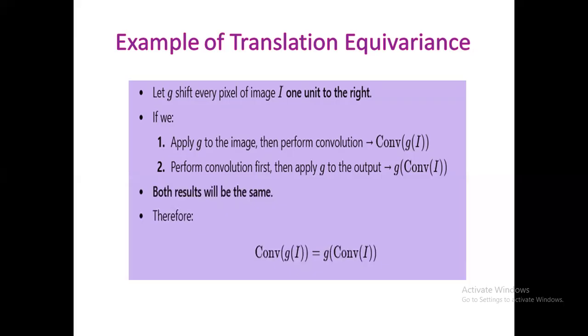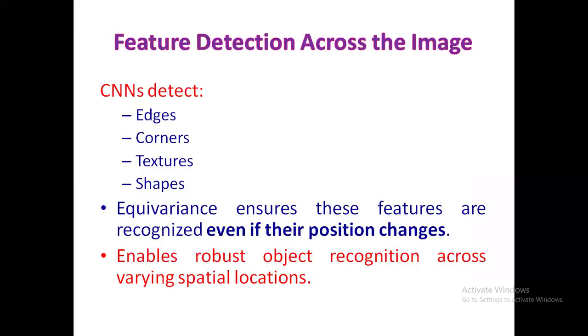Next, feature detection across the image. CNNs detect various visual elements at different levels of abstraction. In early layers, they detect simple patterns like edges or corners. In deeper layers, they detect more complex structures such as textures, object parts, and finally complete objects.